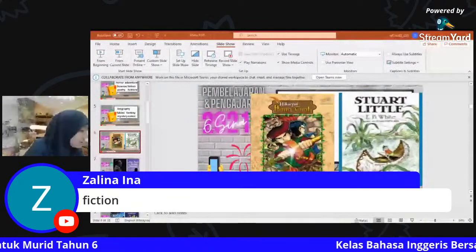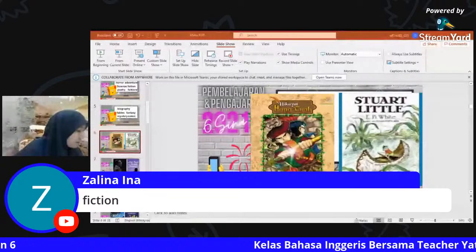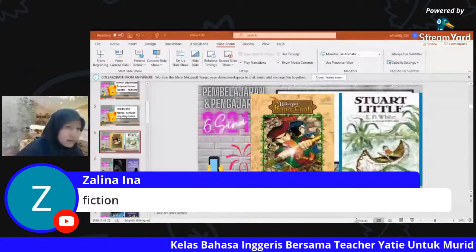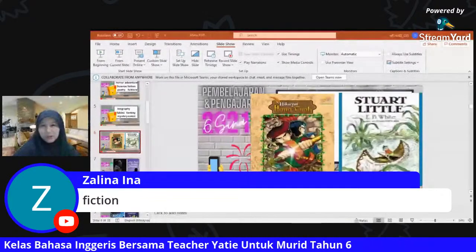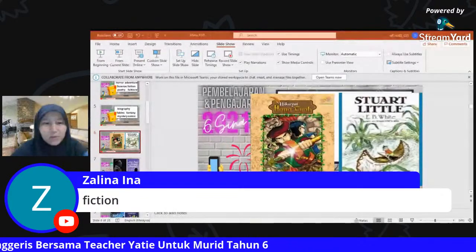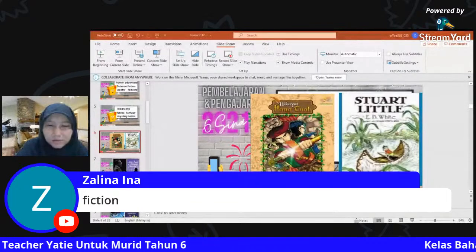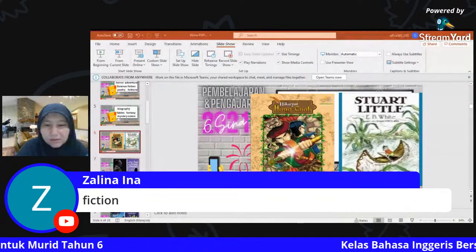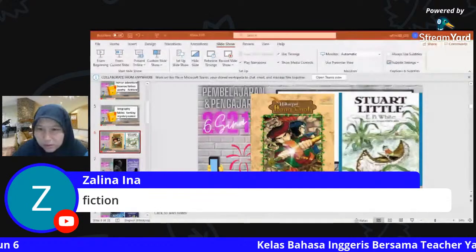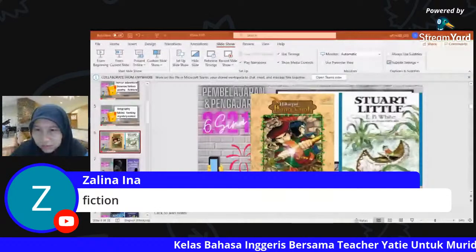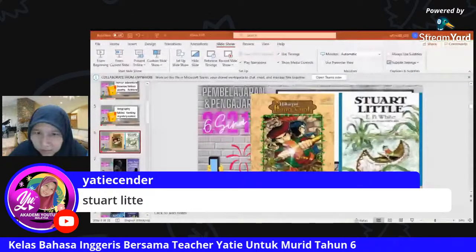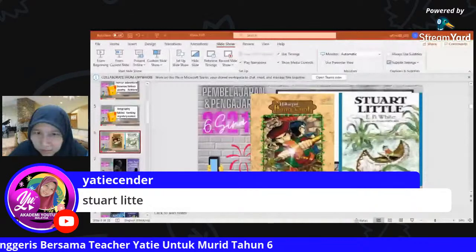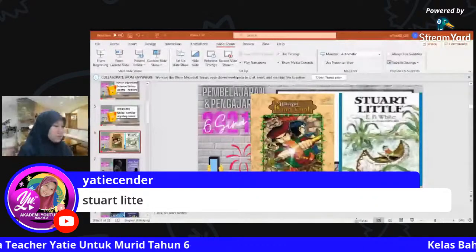So next is this, Stuart Little. What is that? Non-fiction or fiction? What kind of storybook?